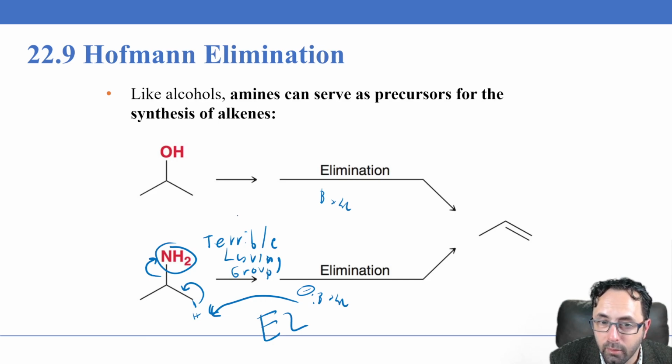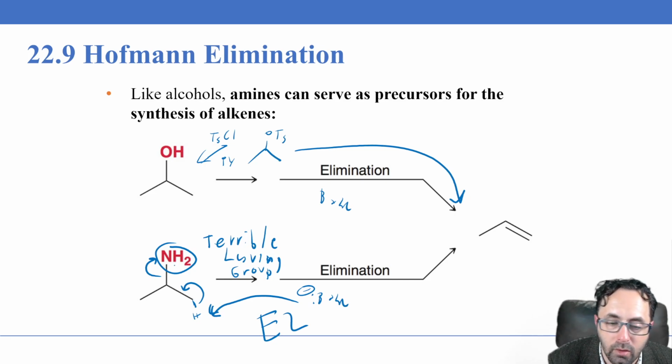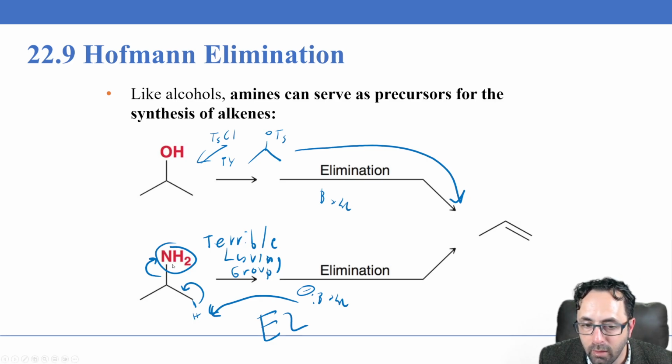Or a lot of times what we do for the alcohol is we'll treat with tosyl chloride and pyridine, and then we'll turn this into a tosylate, and then we'll treat with the base, and the tosylate is a great leaving group. So we have an alternative mechanism we can use to make the amine into a good leaving group.